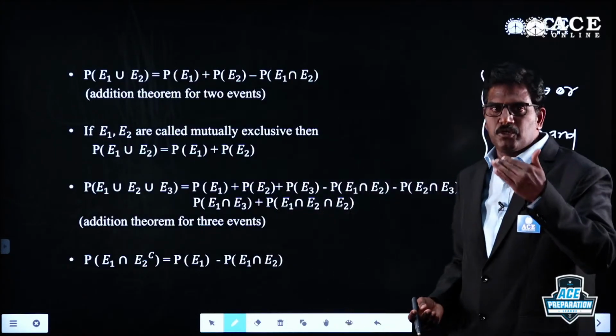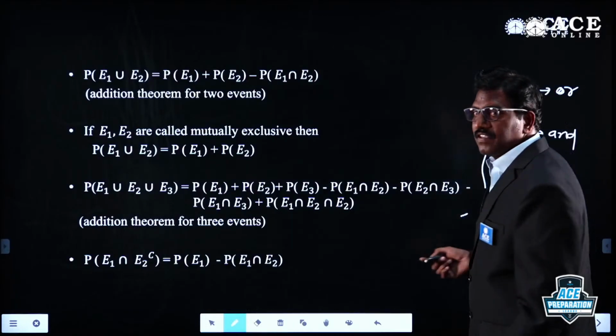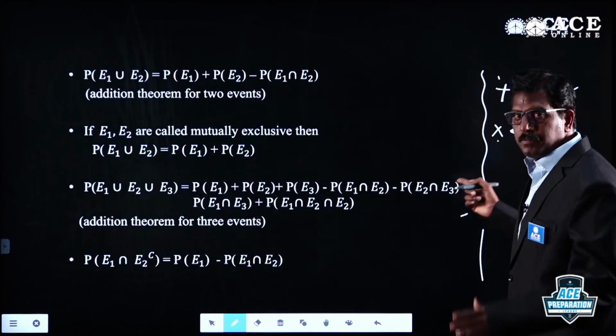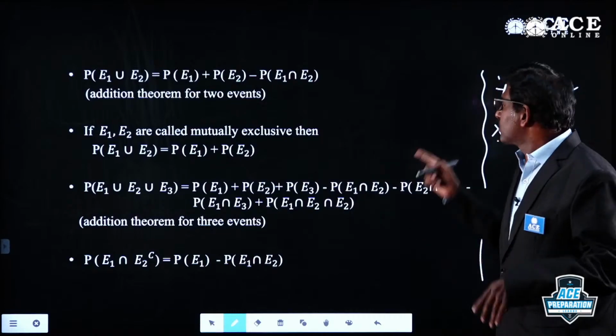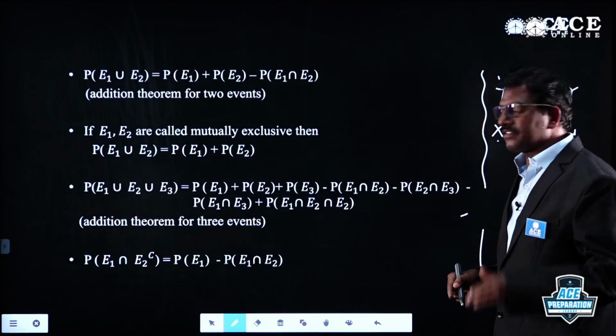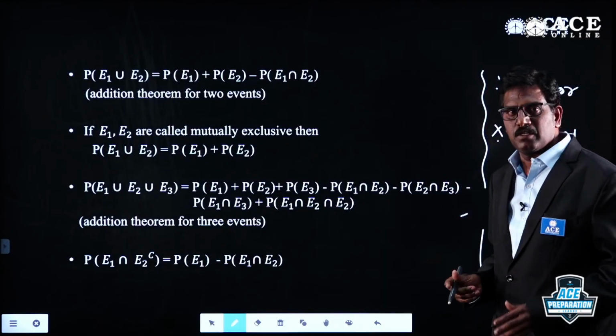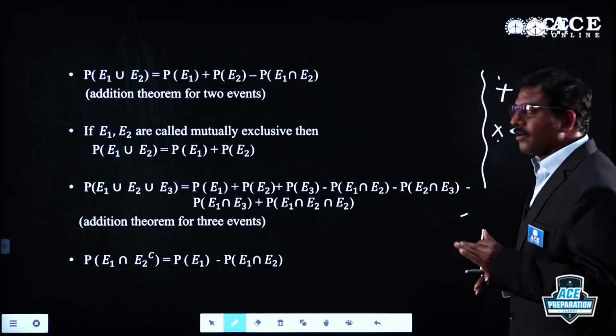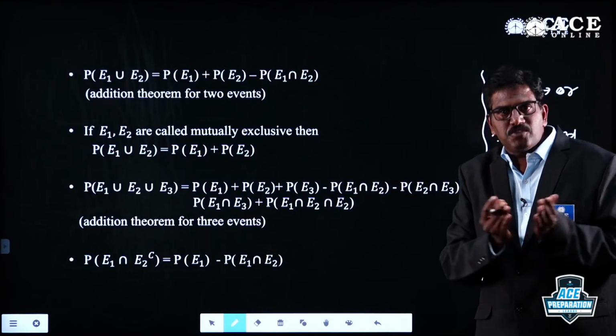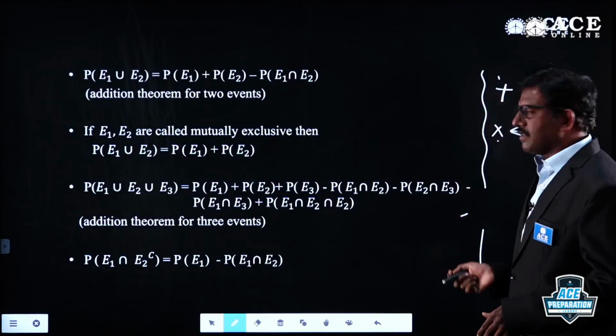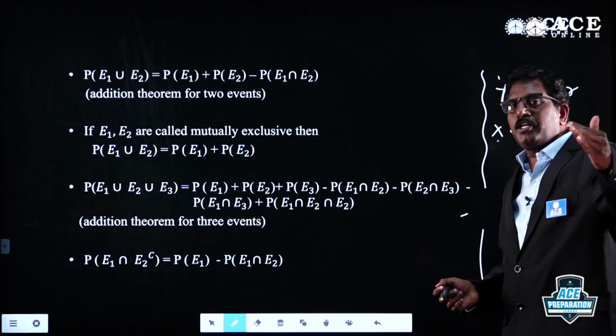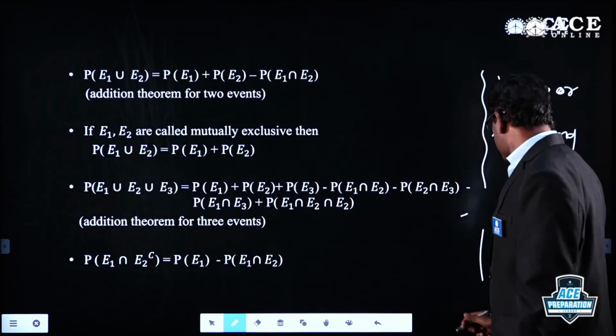In problems, I will show you more clearly when plus is applicable and when product is applicable. Generally, you may get confused. Some problems you take plus operation, some problems you take product operation. This is a simple way to avoid your confusion. If you use OR operation, generally plus. AND operation means if you continue the task, that is product.